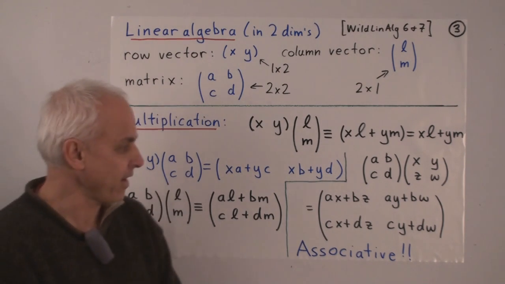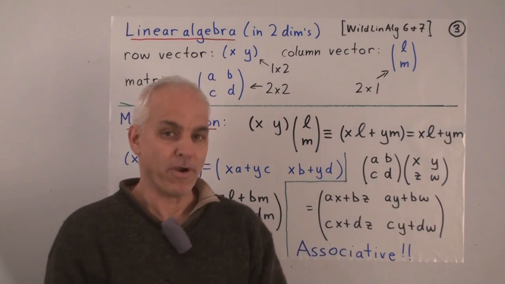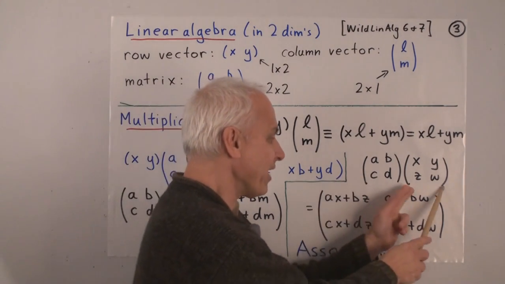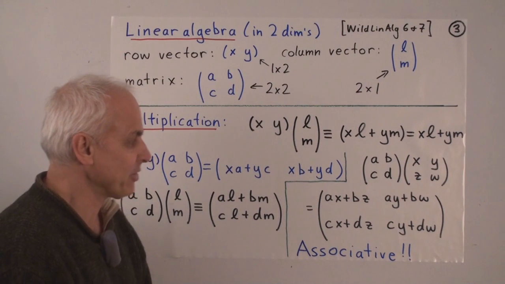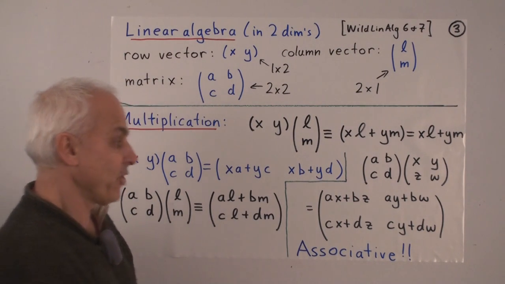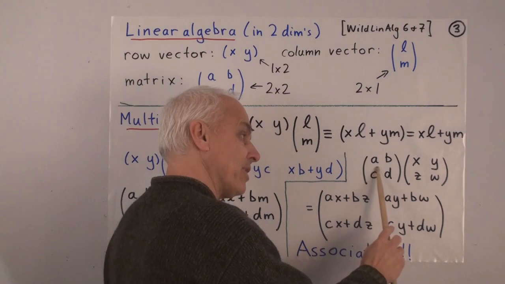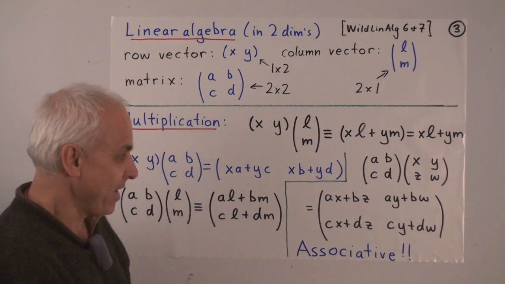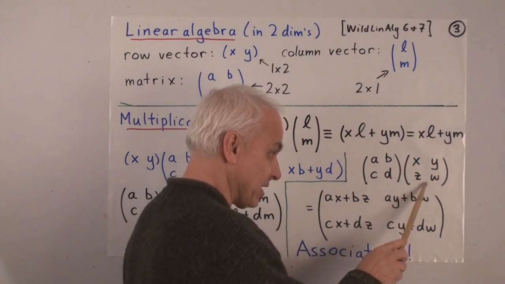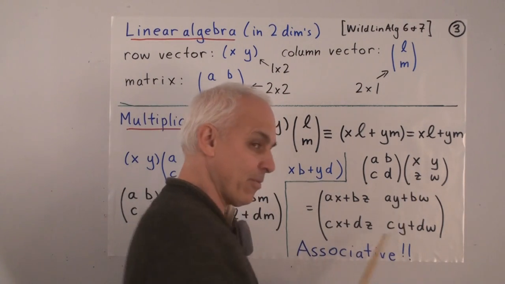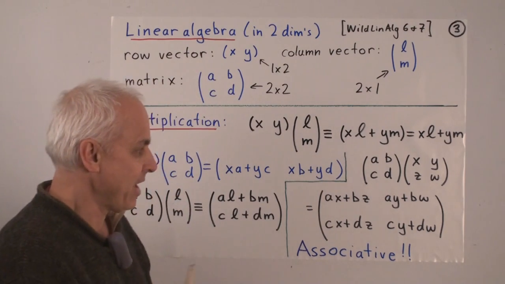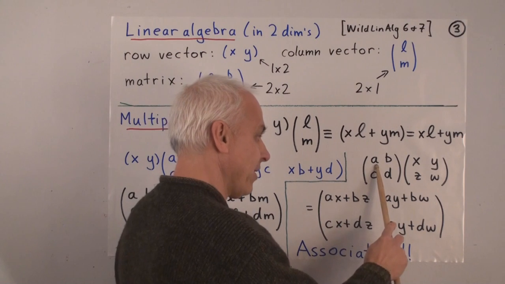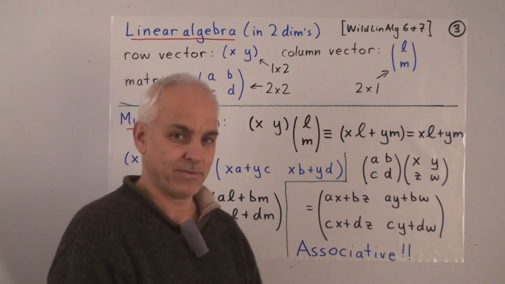Well, if you got the hang of that, then this more fancy version is not too hard. Suppose we have two 2 by 2 matrices. How do we multiply them? Well, the trick is to think of the left matrix as being two row vectors, one on top of each other, and to think of the right matrix as being two column vectors, one beside each other. Then there are altogether 4 possible ways of multiplying a row vector on this side with a column vector on this side.